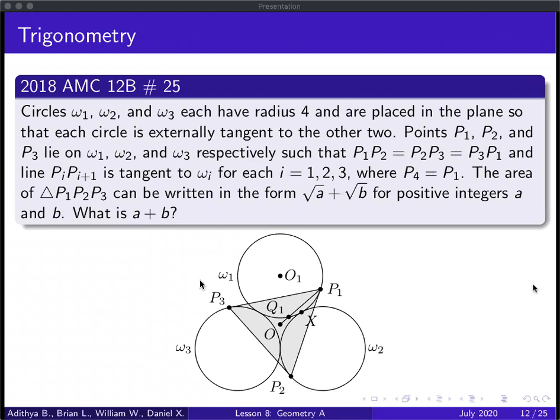And again, by symmetry, we know that O1OX has to be 1/6 of the central angle at O. So it's just 1/6 of 360, so we can say that O1OX is a 60-degree angle by symmetry.